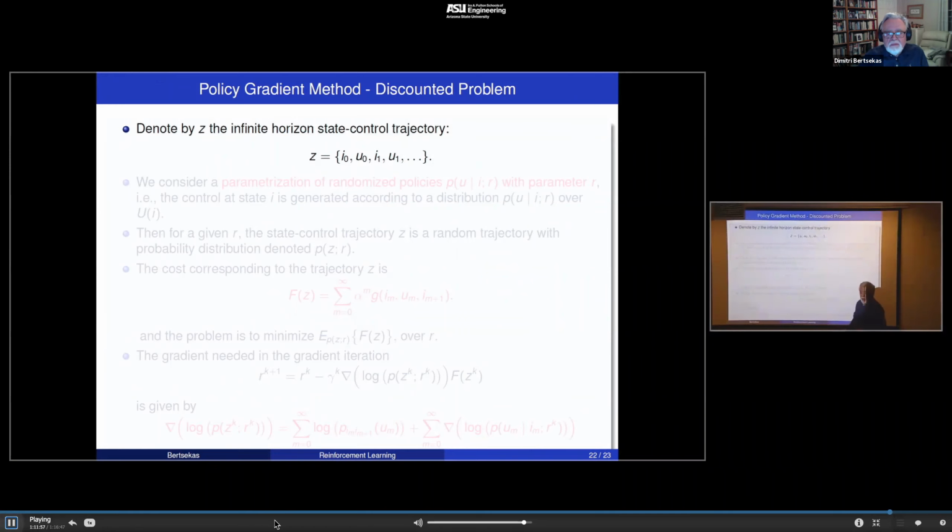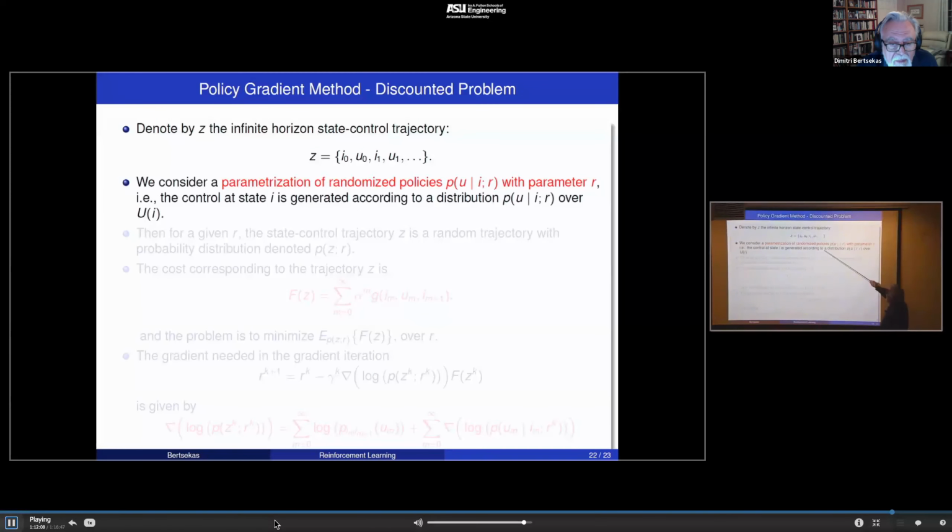And for a given R, for a given policy, these trajectories have well-defined probability distributions, and they can be generated by Monte Carlo, okay? So we consider parameterization of randomized policies, whereby at state I, you select a probability distribution over the set of controls. That's control that depends on the parameter vector.